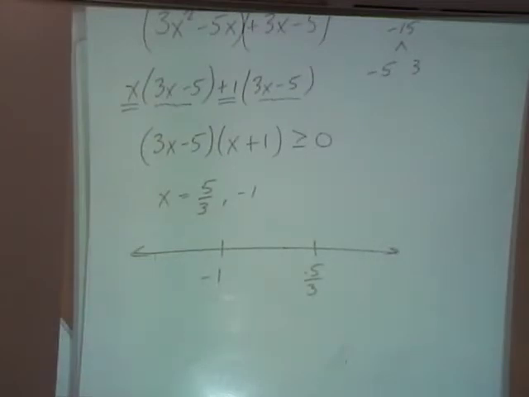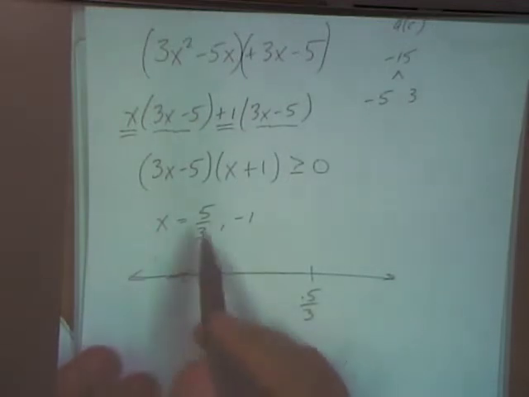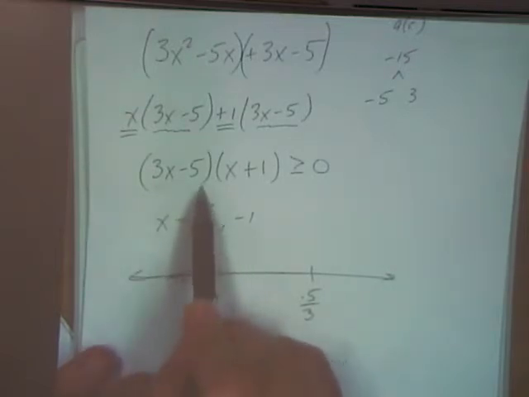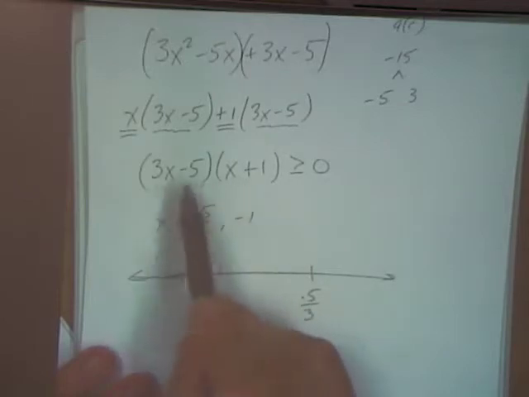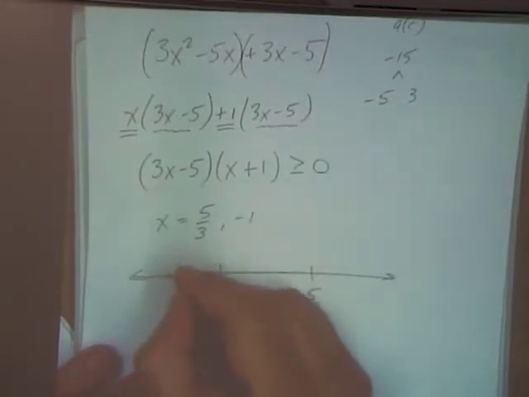Okay, so let's plug in negative 2 to check that region. Negative 2 here will give me a negative number, and negative 2 here will give me a negative number. Negative times negative, definitely greater than or equal to 0, so that part works.